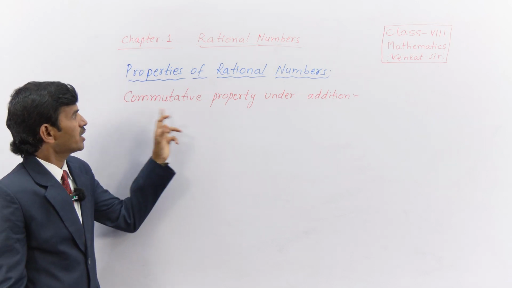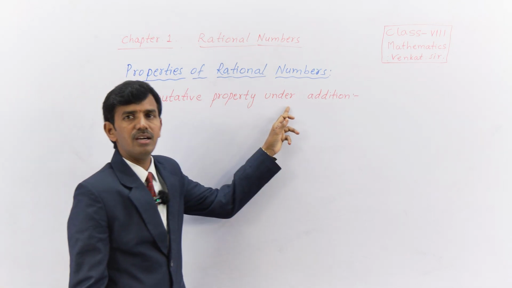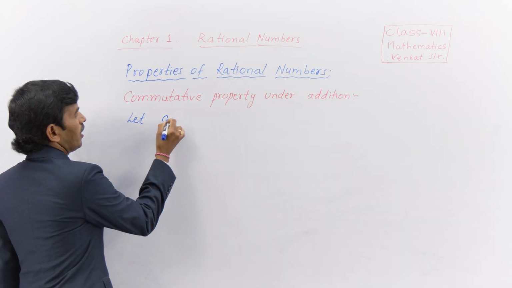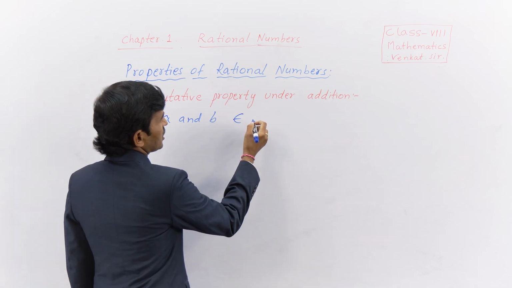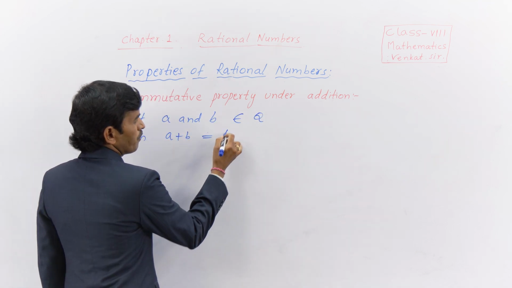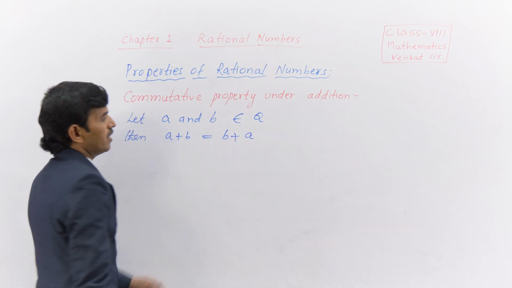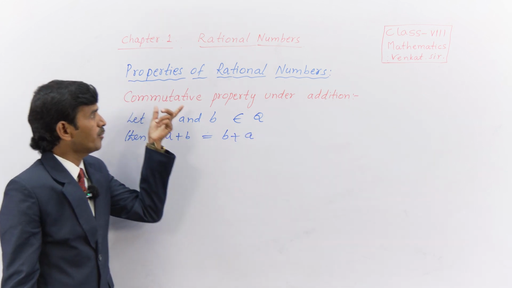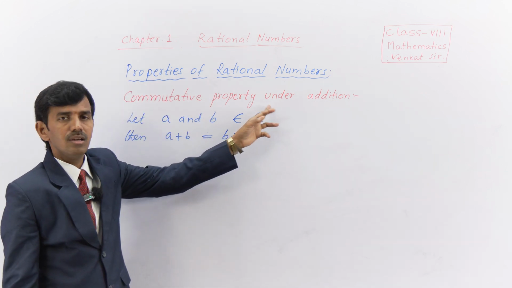Another important property, that is commutative property under addition. Let a and b be any two rational numbers. If a + b is equal to b + a, then a and b are said to be what? Commutative under addition, right?